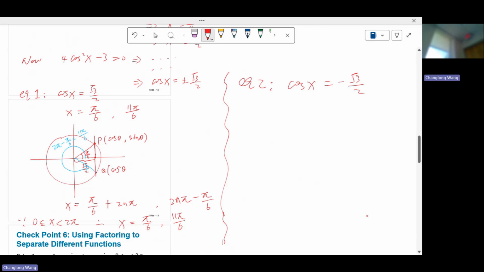The answer is no. That means you have to figure it out using the geometry, the unit circle. If you know how that cosine could be radical 3 over 2, what if it's negative radical 3 over 2? And please remember that cosine represents, geometrically, the horizontal coordinate of a point.